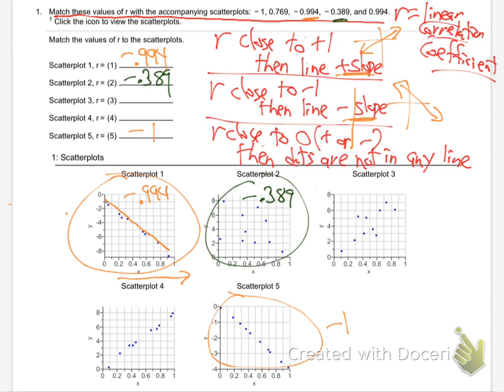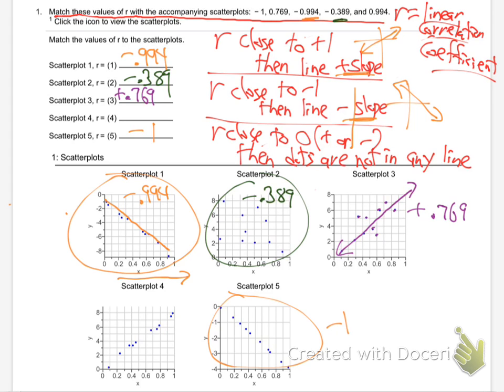This one sort of looks like a line through the middle, the best fit line. The best fit line's kind of through the middle, but it's not super linear. Some of these dots are really off the line, aren't they? So that's going to be the 0.769 because it's positive, right? So it's going up, but it's not all that linear.